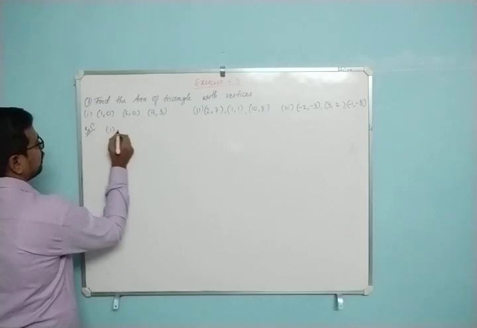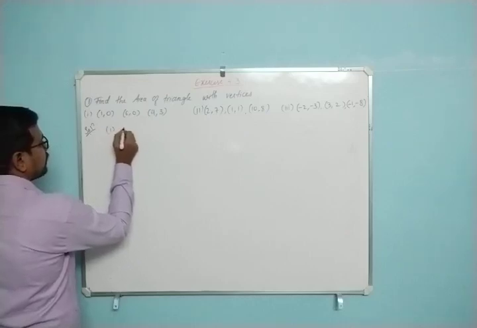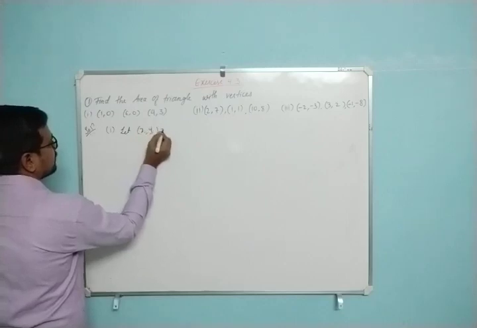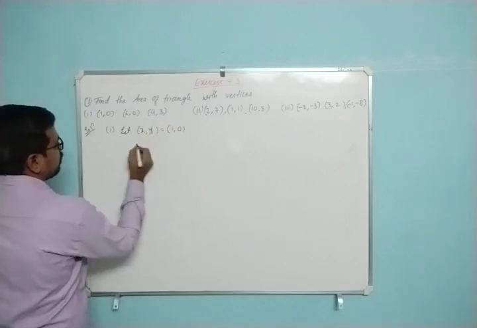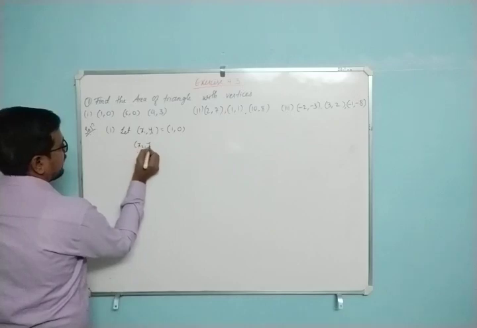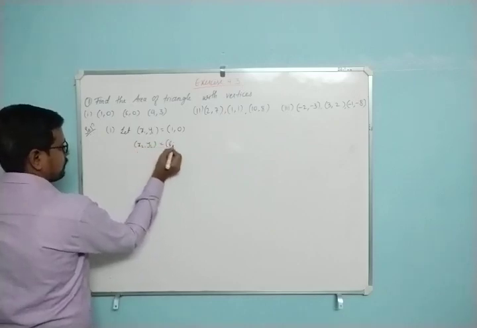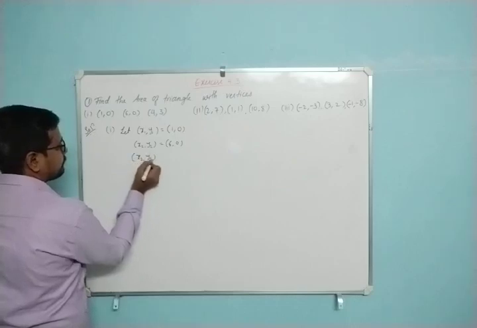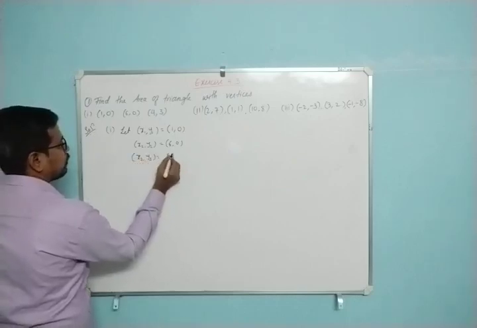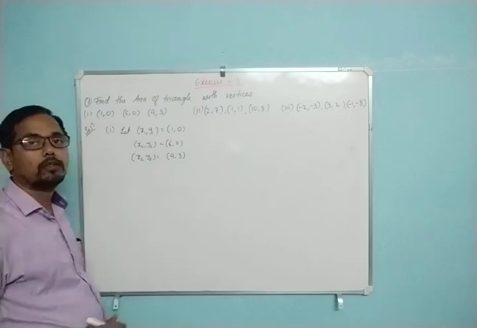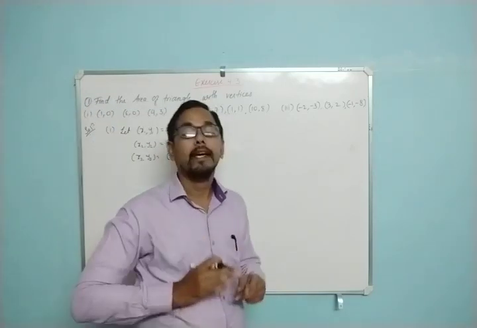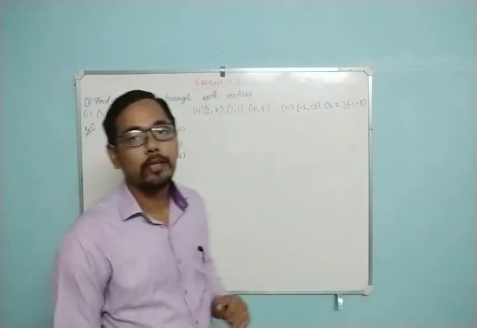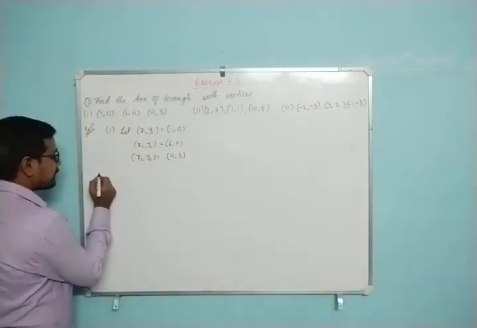First one. Let x1, y1 be 1, 0, x2, y2 be 6, 0, and x3, y3 be 4, 3. So now we have the values of x1 y1, x2 y2 and x3 y3, which are already provided to us. Let's substitute them in the formula. What is the formula for area?